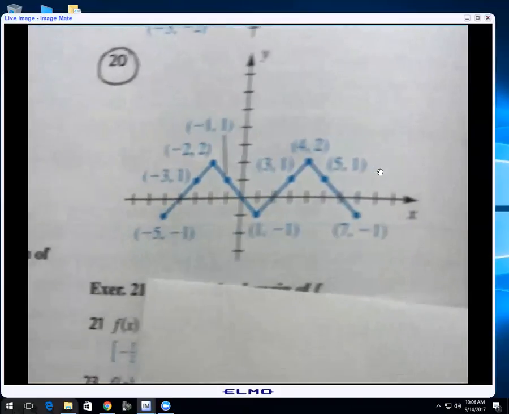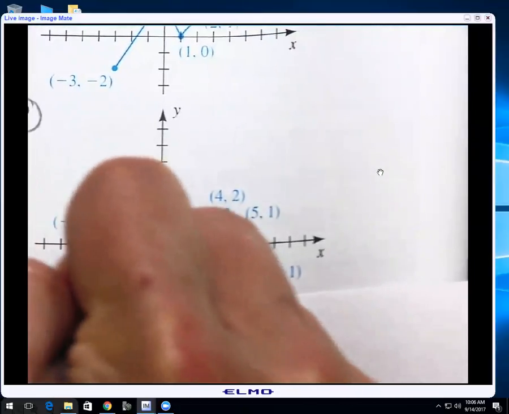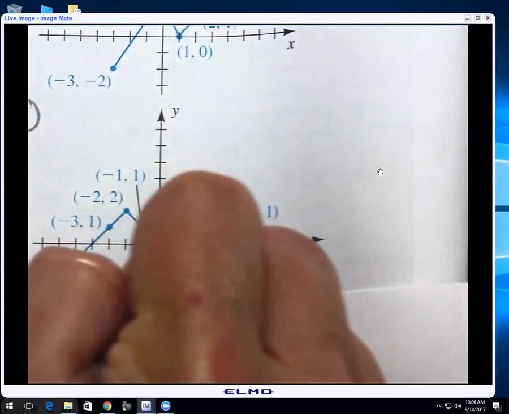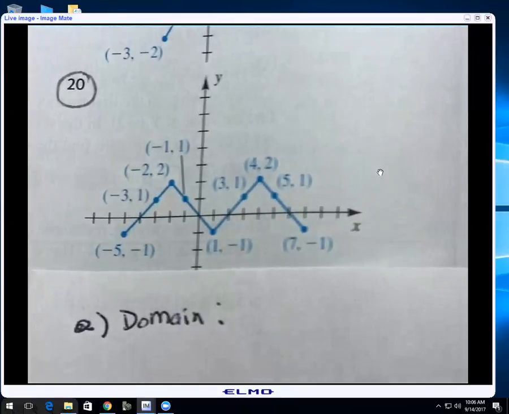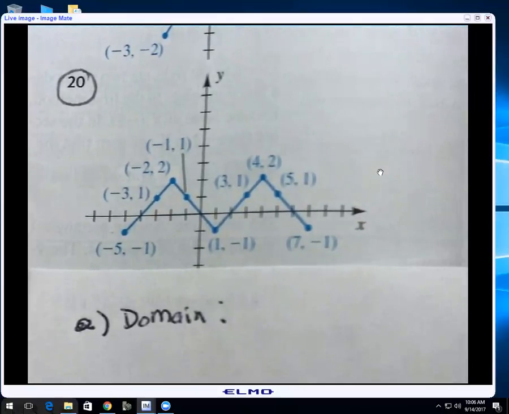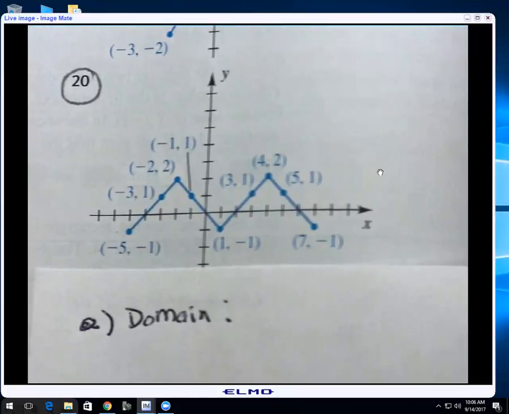The first thing it asks us for is the domain of that function. And for what values of x is that function defined? In the interval notation, what values of x is that function defined?